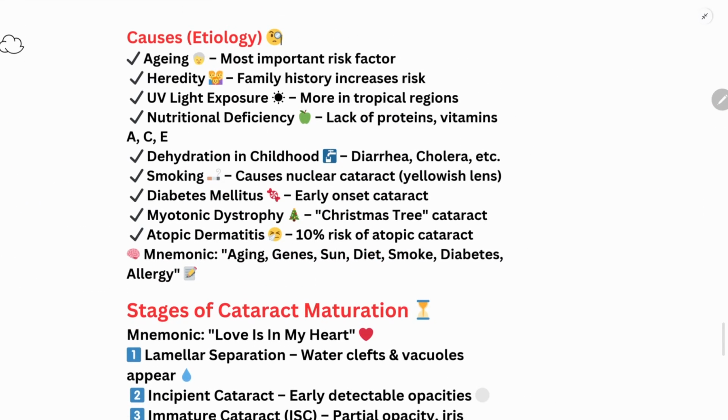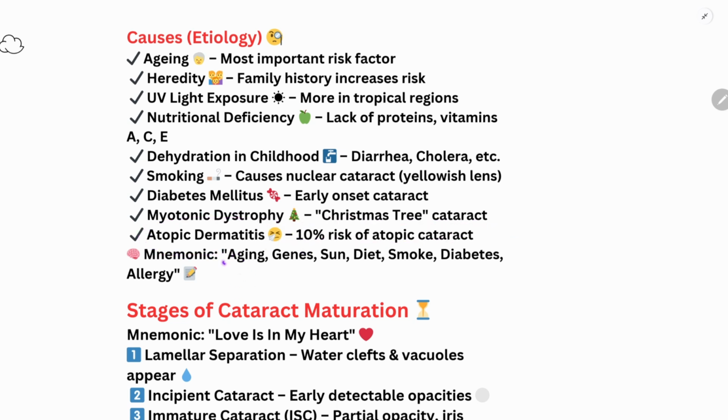What are the major causes for this cataract? The etiology is age, which is the most important risk factor. Second one, hereditary. Family history increases the risk of senile cataract. And UV light exposure, which is more seen in tropical seasons, and nutritional deficiency like lack of proteins and vitamins A, C, E. Also dehydration in childhood, smoking, diabetes mellitus, myotonic dystrophy, in which you will see Christmas tree cataract, and atopic dermatitis, where there is a 10% risk of atopic cataract.